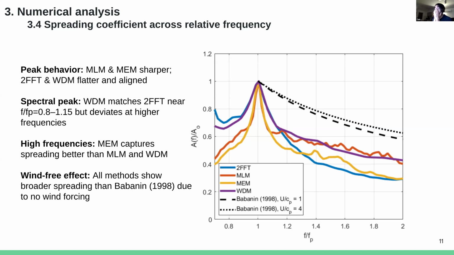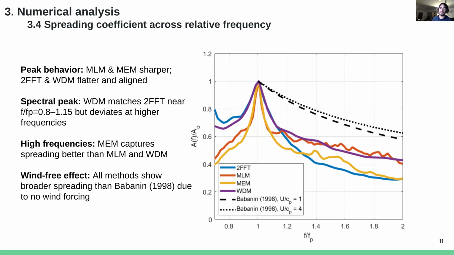Next, to estimate the transfer function, we looked at the spreading coefficient at peak frequency. At the top, I'm showing the ratio of the spreading coefficient with that of the Fourier analysis. Values lower than 1 mean that the estimated spectra from the adaptive method is broader than the base spectrum, which was the case for the maximum likelihood method, which showed consistently broader spectra.